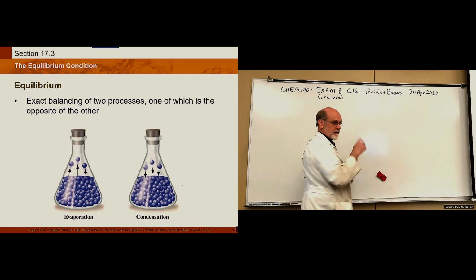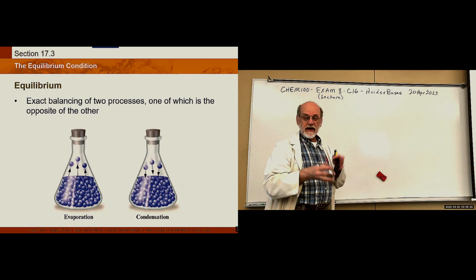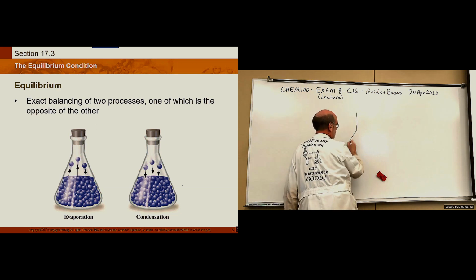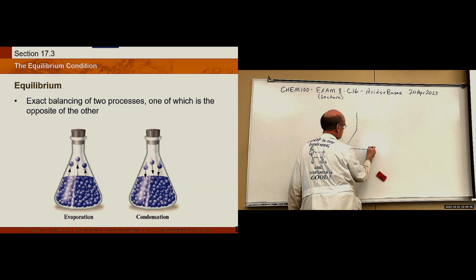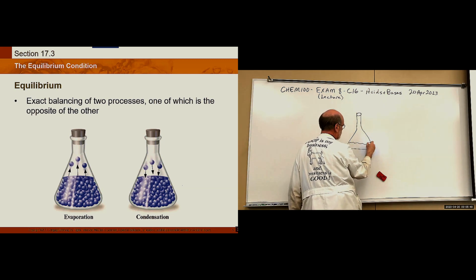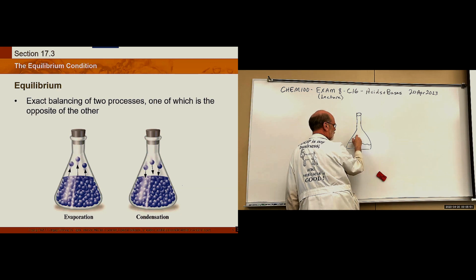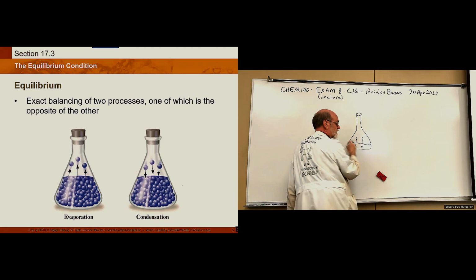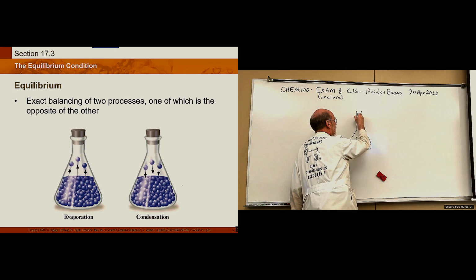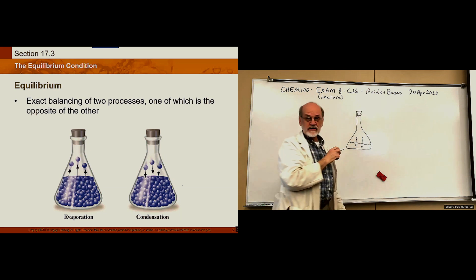Our example here is evaporation and condensation. So if we have a flask that's filled with some liquid here, and we're evaporating some of those molecules into the air, into the space here, we have to have a stopper in it.